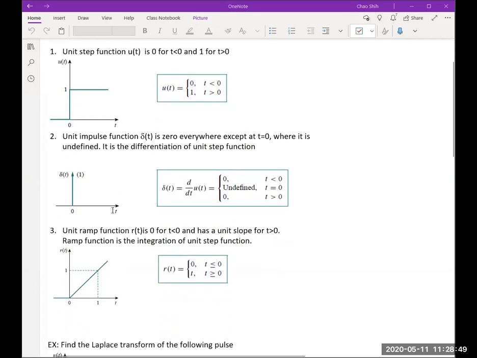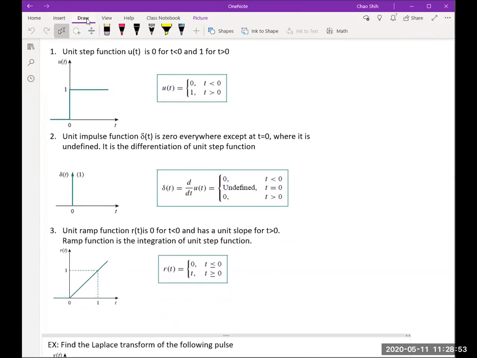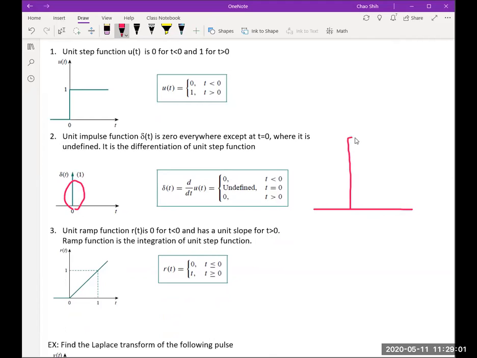The area under this impulse. So over here, if you blow up this part, this is the change of time. This is a very small change of time.